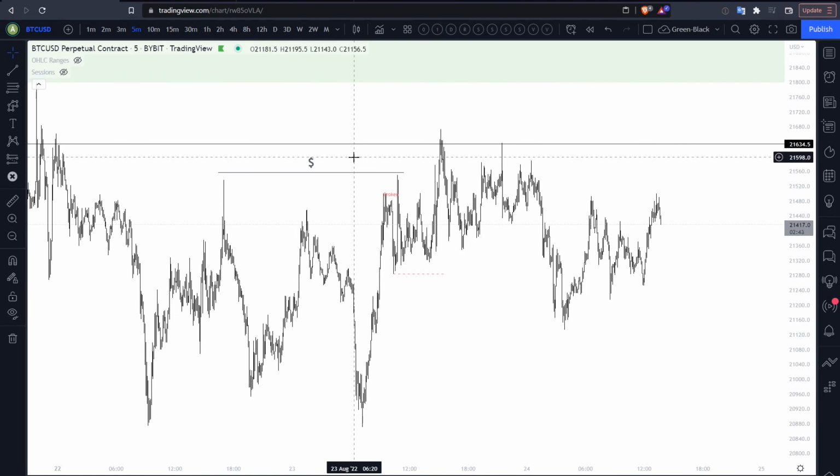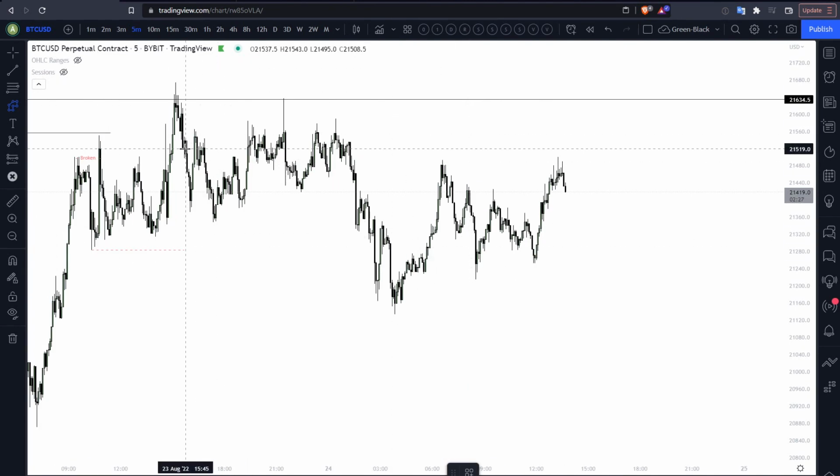And point number 3 is about the correct market structure shift or market structure break, which did happen later on in this distribution range. So let's observe it. Later on, once we grabbed the liquidity above, now this was the first signal that from here on I can look for entries.